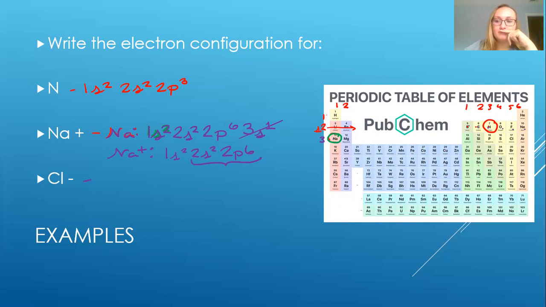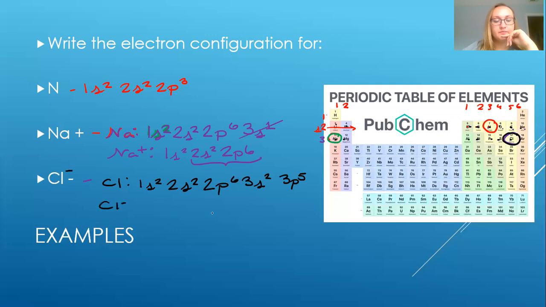Let's do chlorine. Chlorine's over here. Move through the periodic table, starting with, oh, sorry, that's Cl minus. So let's start with chlorine, move through the periodic table, 1s2, 2s2, 2p6, 3s2, 3p5.